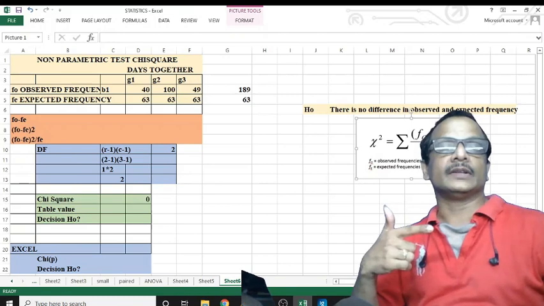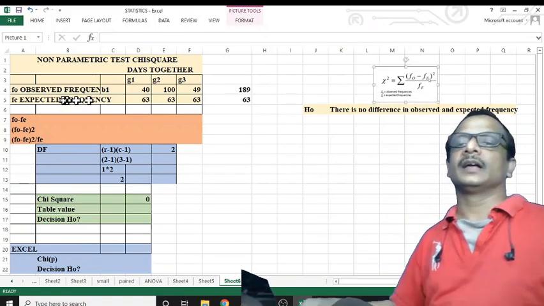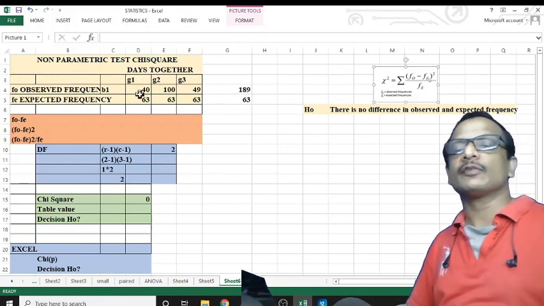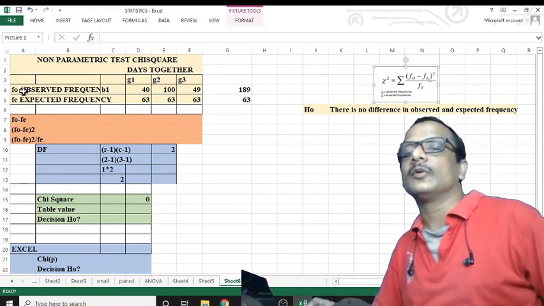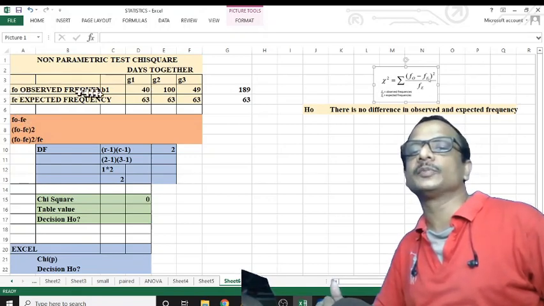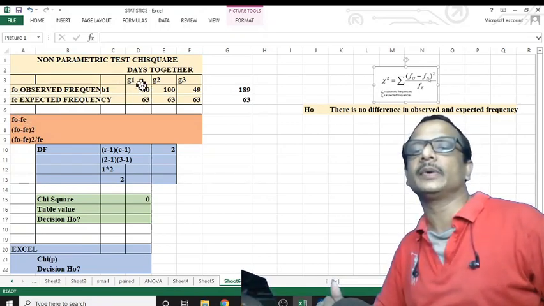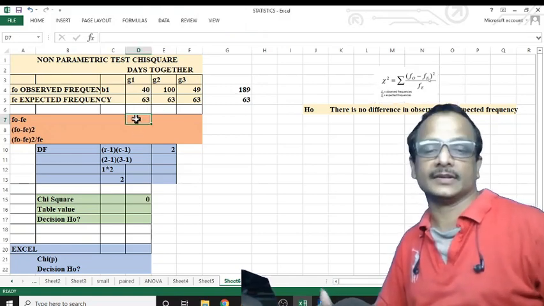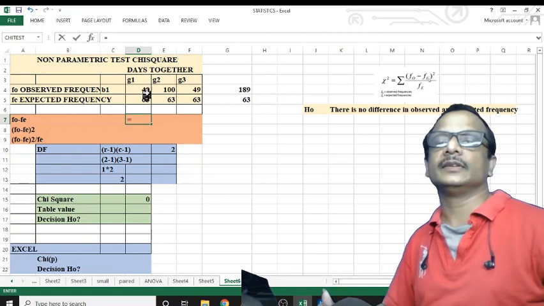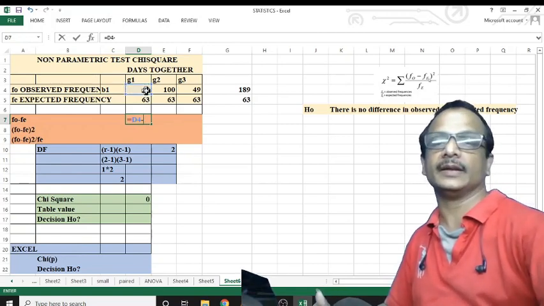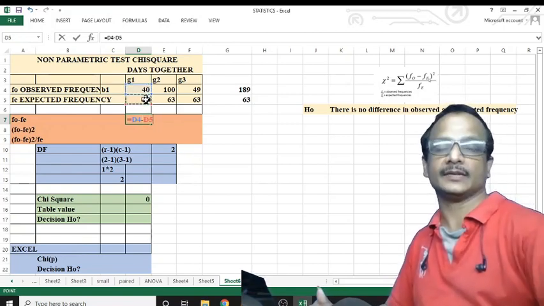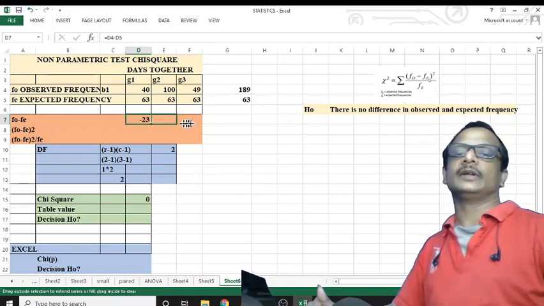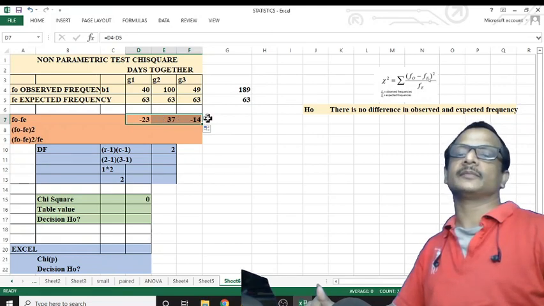Now do one thing. We can apply this equation. First we have to calculate FO minus FE, that is, the observed frequency of this pair: 40 minus 63 equals minus 23, and we calculate that for girl 2 and girl 3 as well.